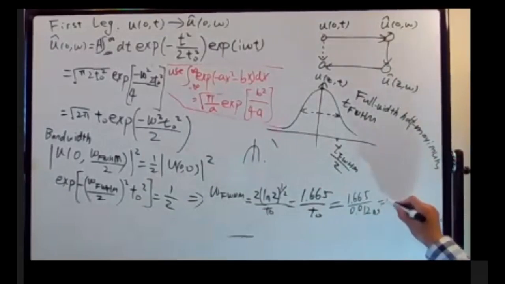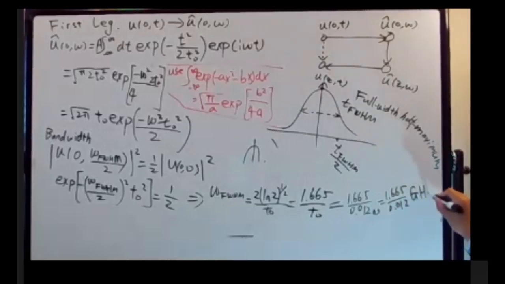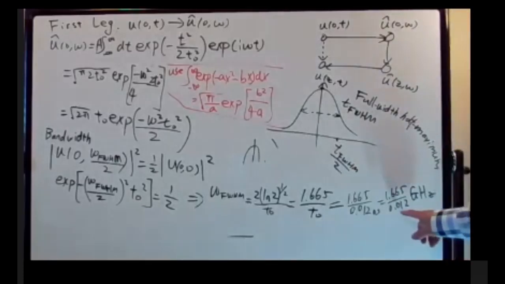If we calculate, it's 1.665 over 0.012, and this is in gigahertz, right? So the bandwidth is about 200 gigahertz. That's the calculation.